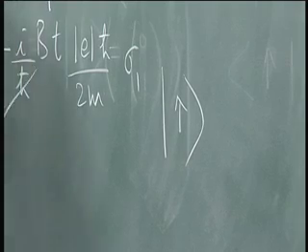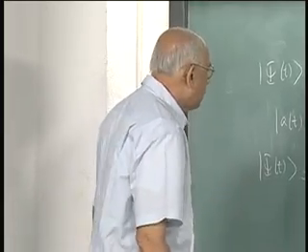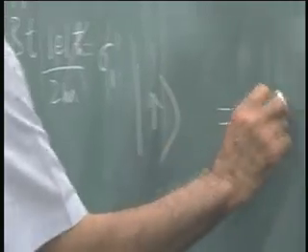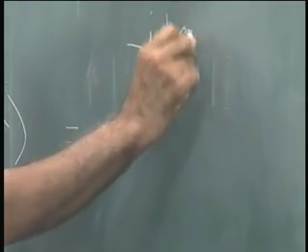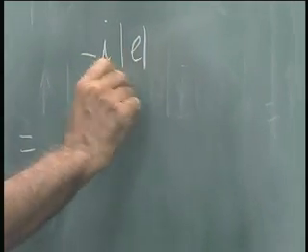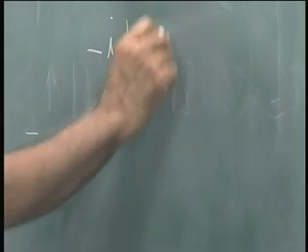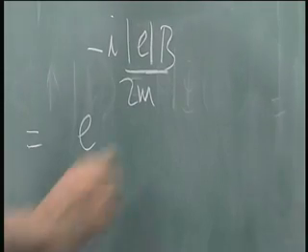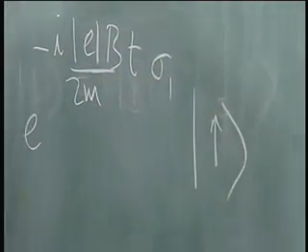So the h cross cancels out, and you will see what the significance of that is. That is equal to e to the minus i mod e B over 2m times sigma 1 acting on this state here.